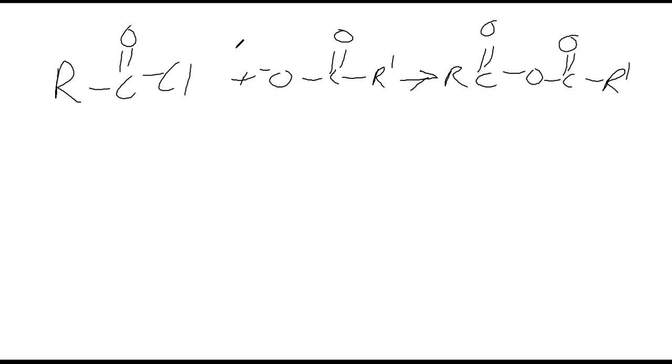First things first is there's other ways to make anhydrides, and that is using diacids. So if we have a diacid of any kind, as long as it can make essentially a 5-membered ring, it can be very stable.